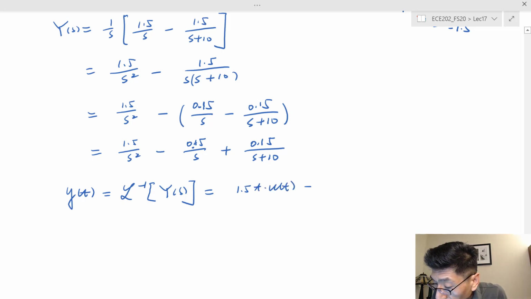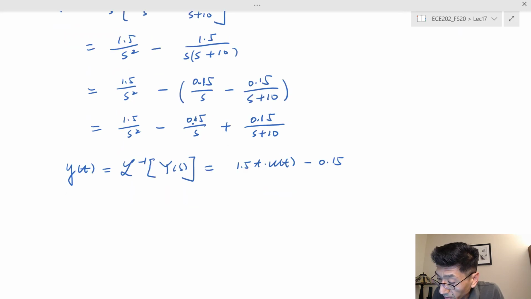And the second one is minus 0.15 times u(t), and the last one here is plus 0.15 times e^(-10t) u(t).